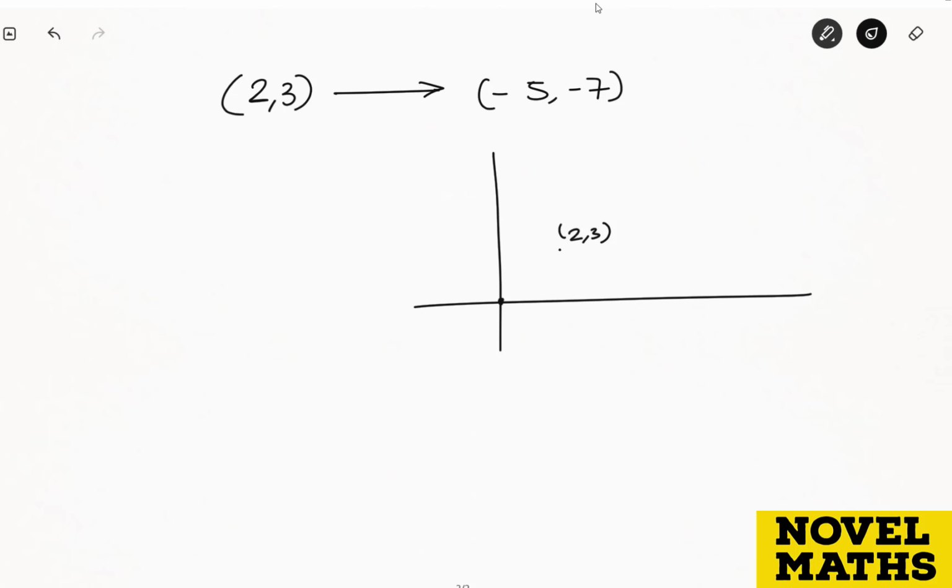Obviously it has to shift somewhere around this side, right? Then only from that coordinate system, this point will be coming in third quadrant, where x and y both will be negative.